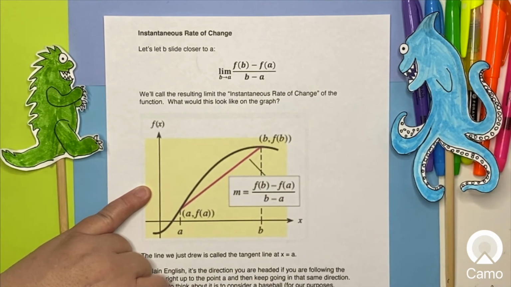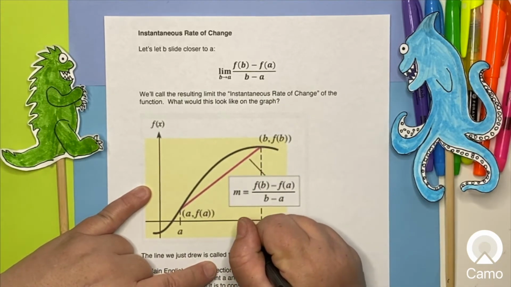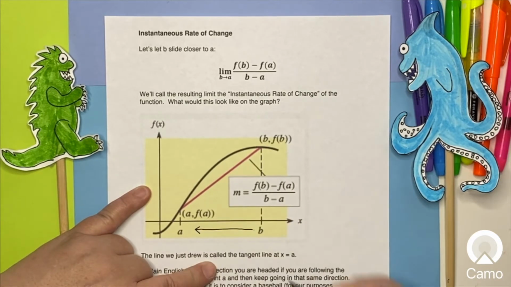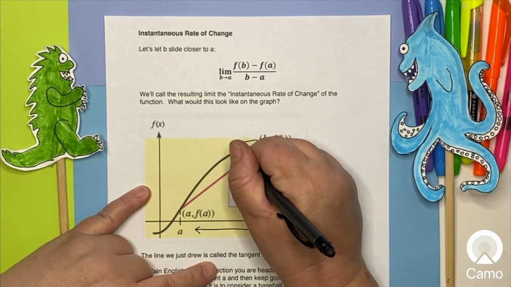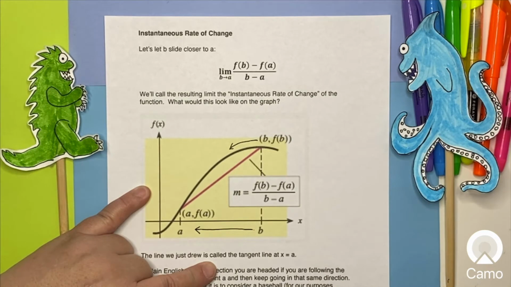What would this look like on the graph? Well, b would slide closer and closer to a, and that would mean that f of b would slide closer and closer to f of a.